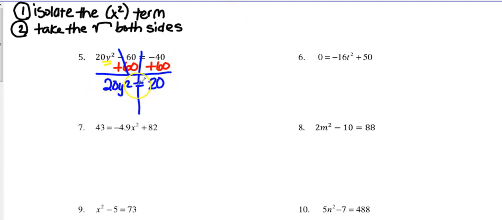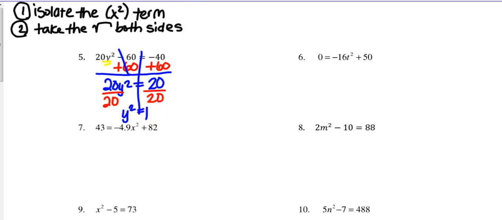So now I have 20y squared. Remember that this is actually 20 times y squared, so to undo multiplication, we will divide both sides by 20. What does that leave behind? Got y squared equals 20 divided by 20 is 1.